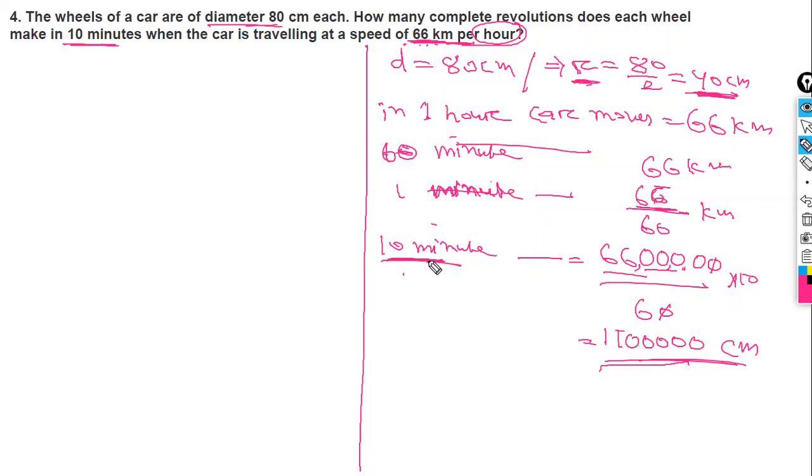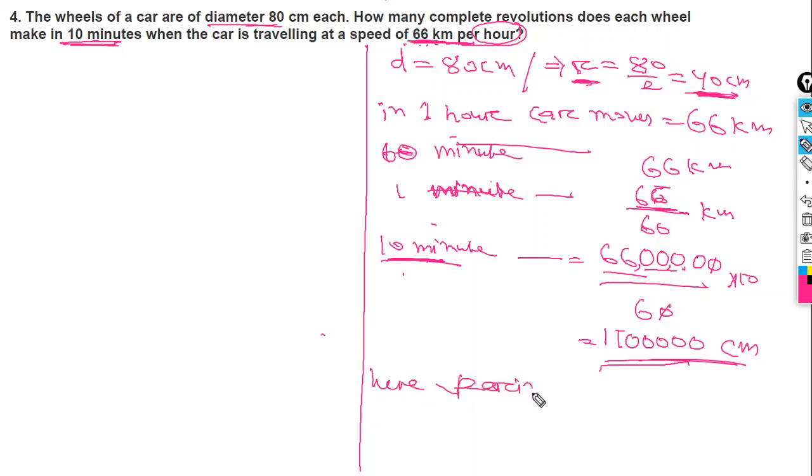So what we have to find: how many complete revolutions does each wheel make in 10 minutes. So here we have to find in 10 minutes how many times the wheel is revolving. First we will find the perimeter of the wheel.